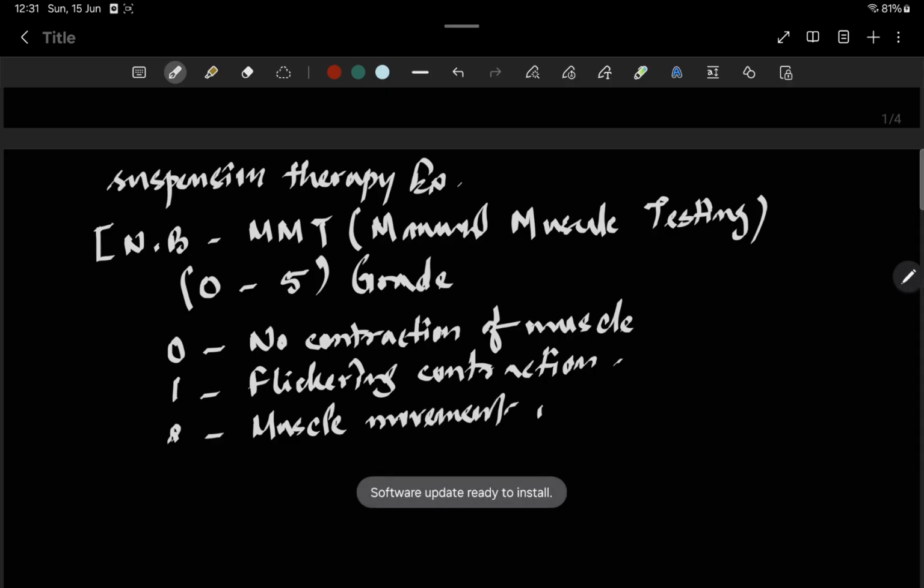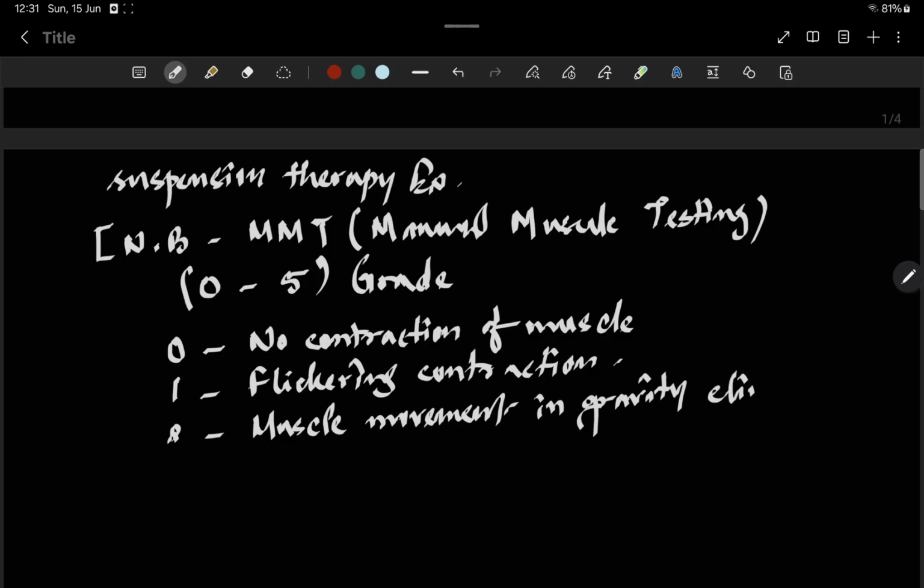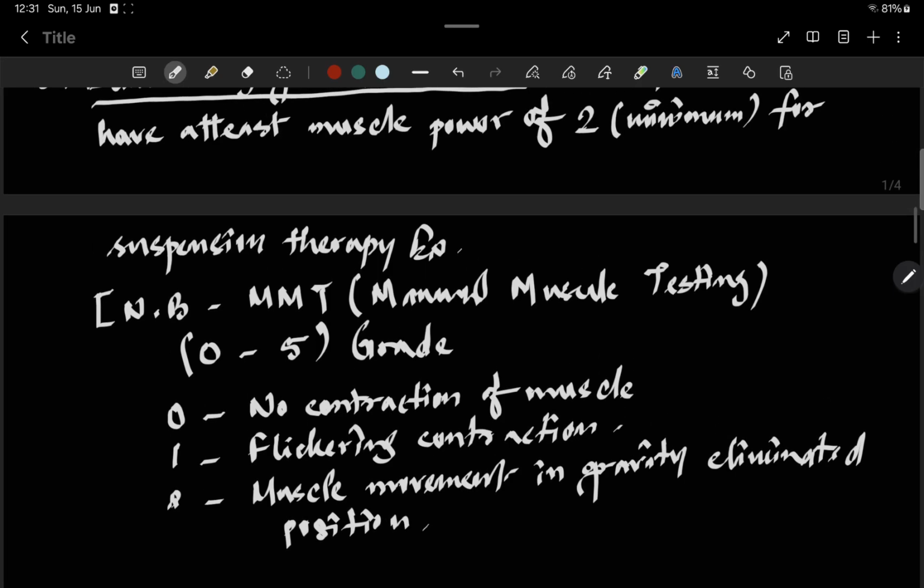Grade 2 is movement in gravity eliminated position.